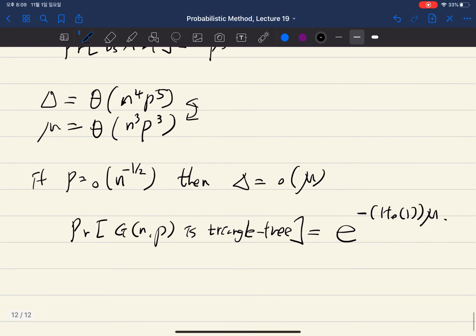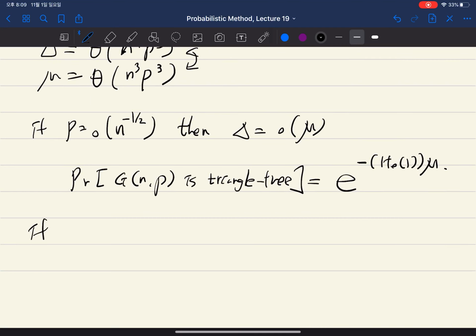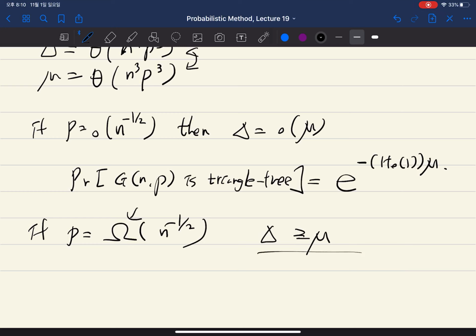But what if this is not true? If p is omega of n to the negative half, then this delta is, say, bigger than mu. So choose some constant here so that the delta is bigger than mu.